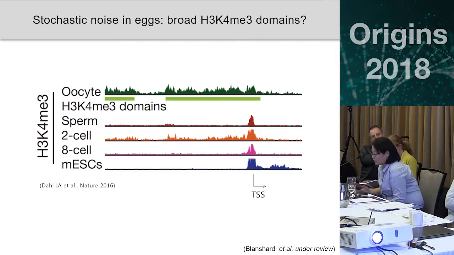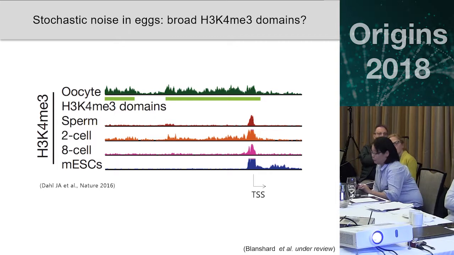We think that 20% of the histones are actually methylated in this way. You can ChIP it, and this is from our collaborator from Oslo, and you can see in sperm they don't have it. At the 2-cell stage, you can see these broad domains start to be removed, and at the 8-cell stage and in human embryonic stem cells, they're very much confined to the transcriptional start sites where they're supposed to drive EGA.